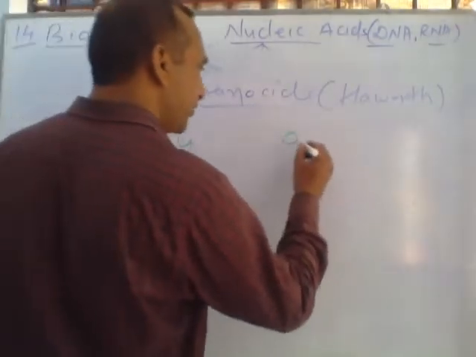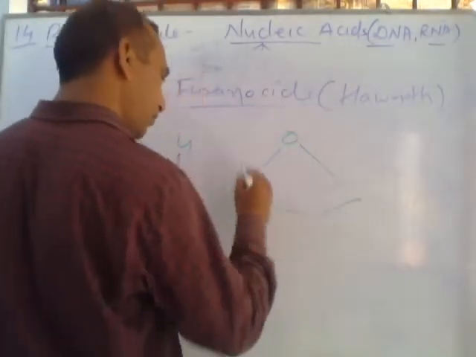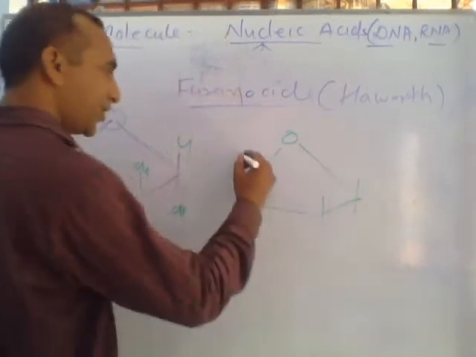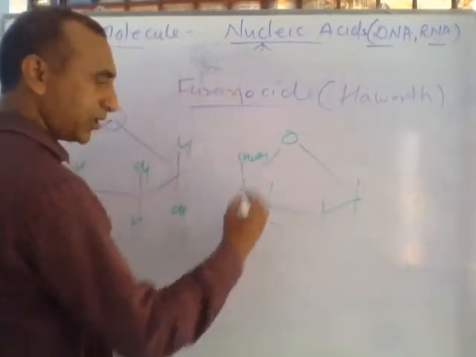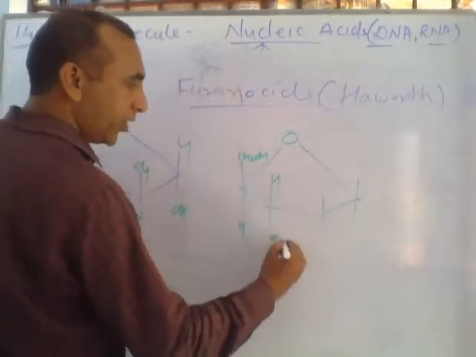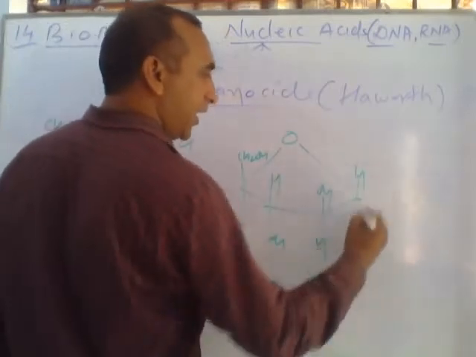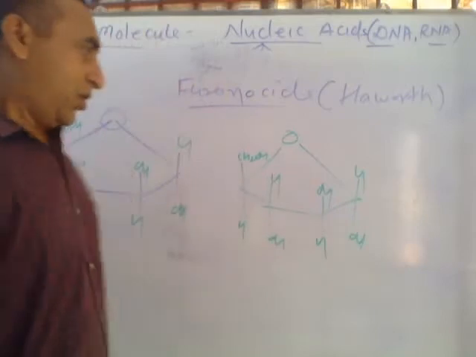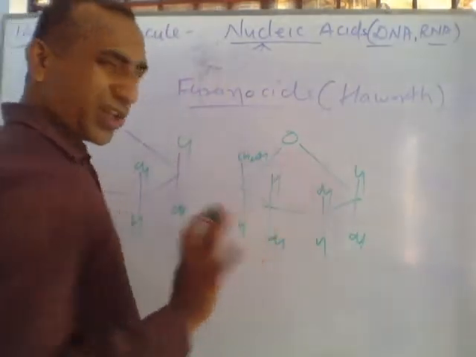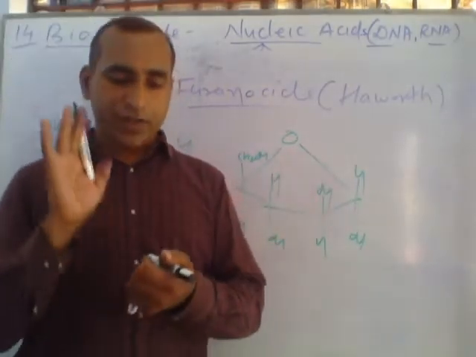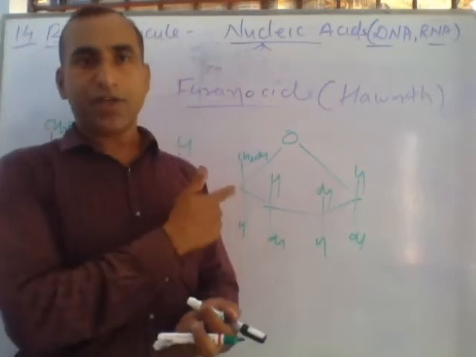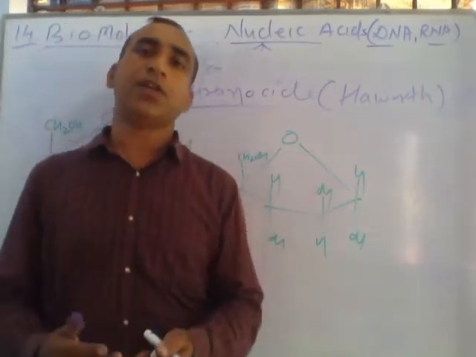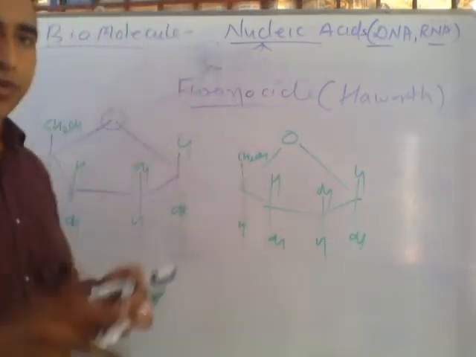First, you draw this type, and start from here: CH2OH, H, H, OH, OH, H, H, OH. All the H and OH are alternate. So this is not any particular sugar, this is a standard form. By this standard form, we can learn the structure of deoxyribose, ribose and other forms.